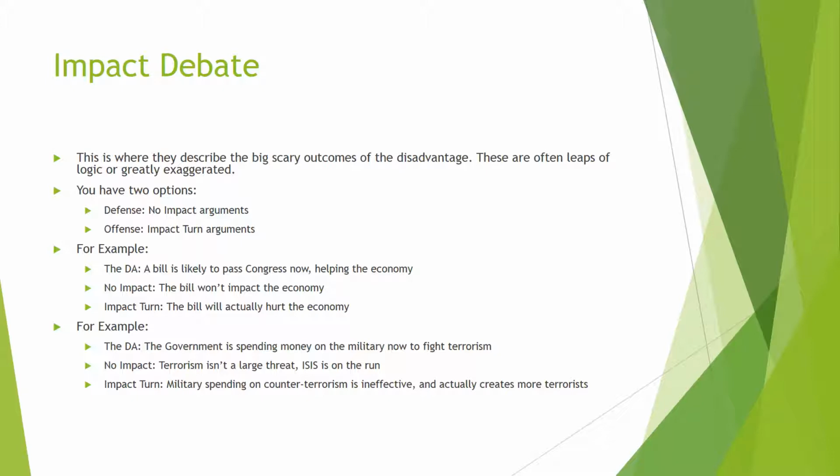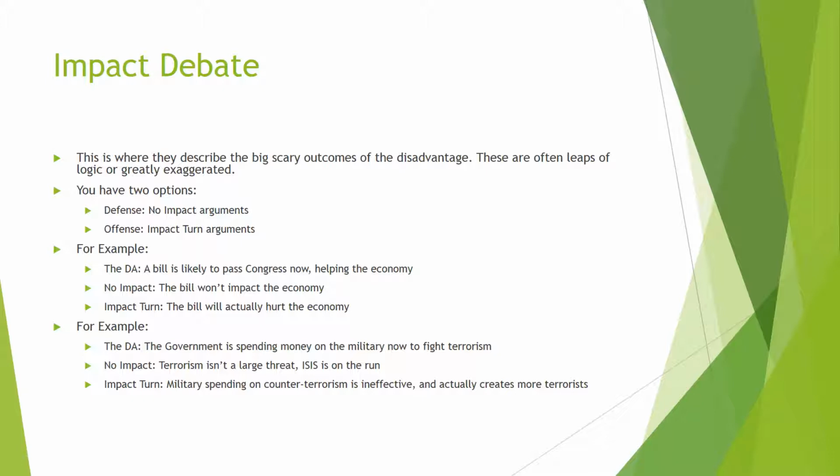The first example: the disadvantage is that a bill is likely to pass Congress now, helping the economy, let's say. The no impact could say that the bill will not impact the economy. The impact turn will say that the bill will actually hurt the economy, so it's a good thing we don't let it pass.